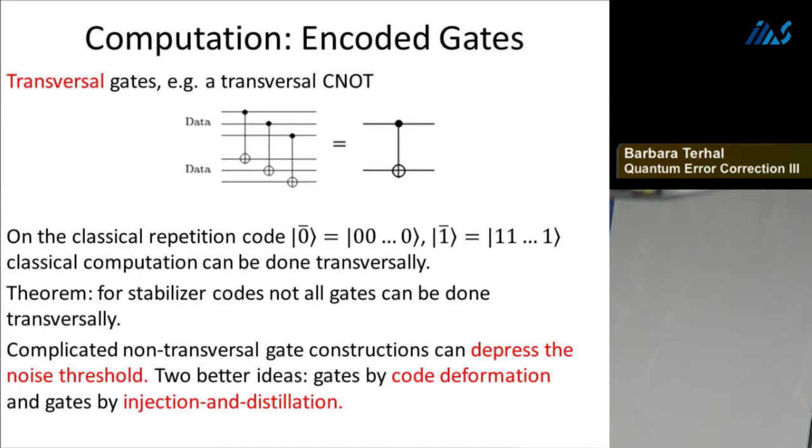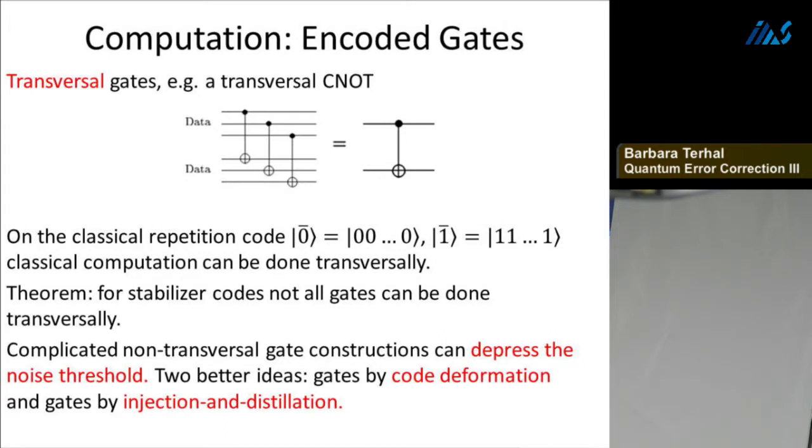Okay. So ideally, gates are done as transversal gates. The transversal gates look like this. We just do the gate that we would do on unencoded qubits n times on the encoded data. Why is this very good? Well, there is no overhead in terms of needing additional ancillas, and there's no spread of errors.